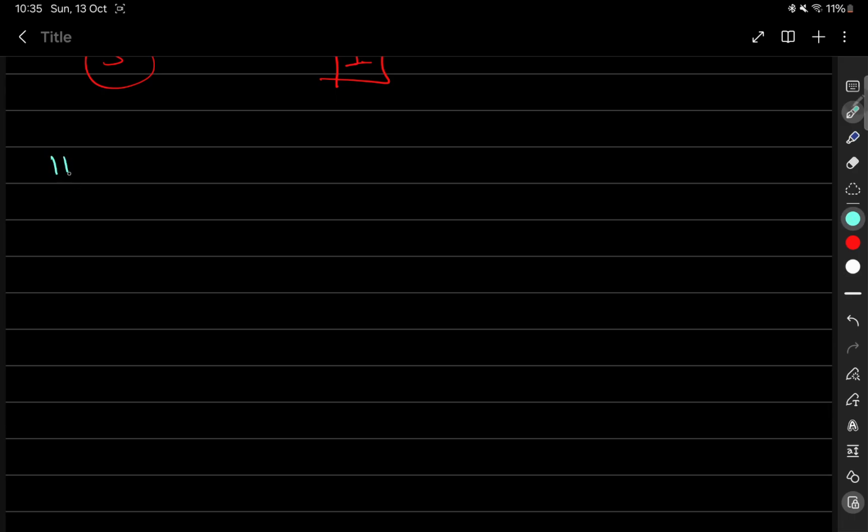Right, third point for limit. So what is the point?